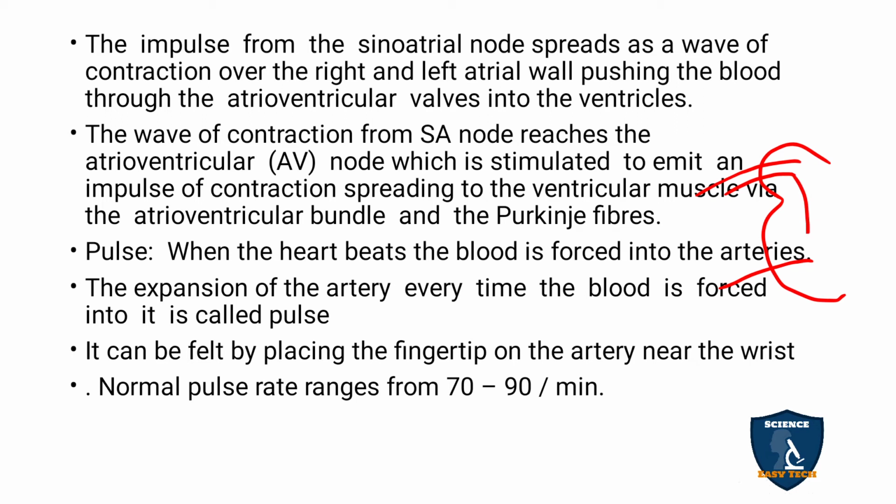The wave of contraction from the sino-auricular node reaches the atrioventricular node, that is the AV node, which is stimulated to emit an impulse of contraction spreading to the ventricular muscle via the atrioventricular bundle and the Purkinje fibers.